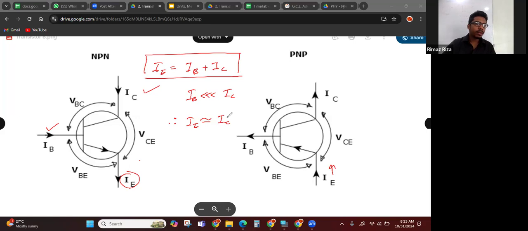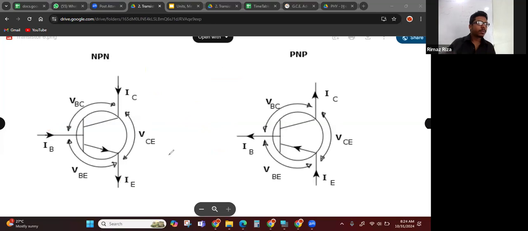That means we are considering IB negligible, IB approximately equal to 0. Right? So if you make this term 0, then IE is equal to IC. Okay. You can quickly draw this down.